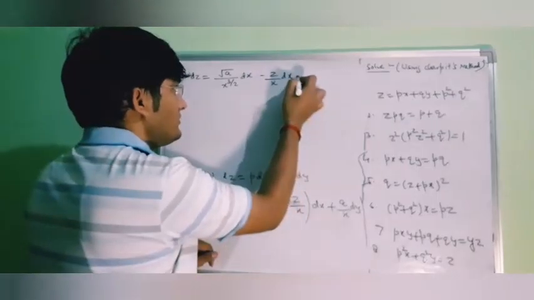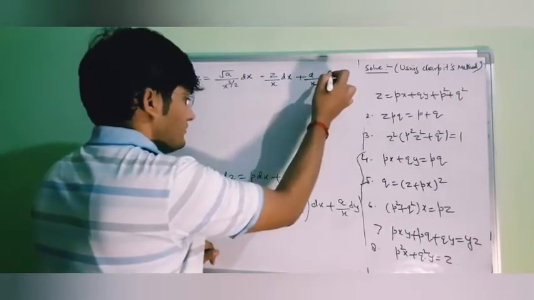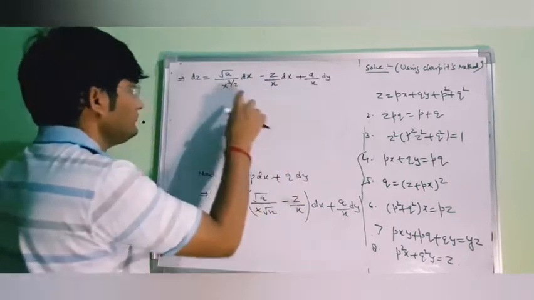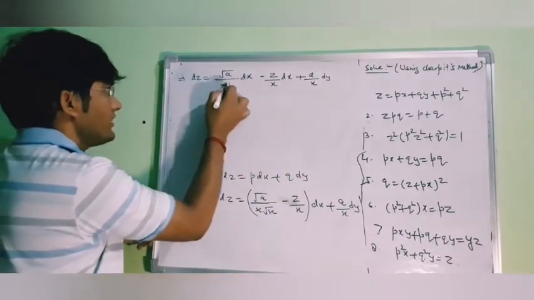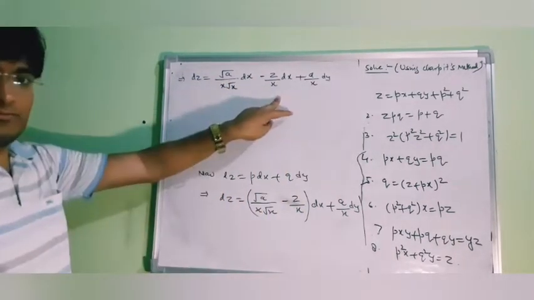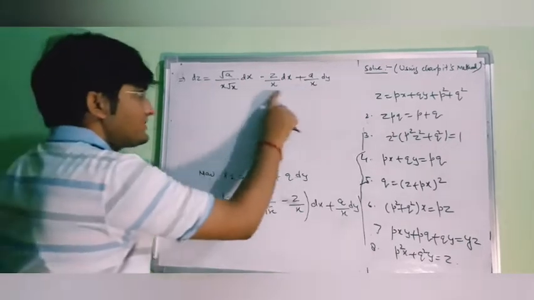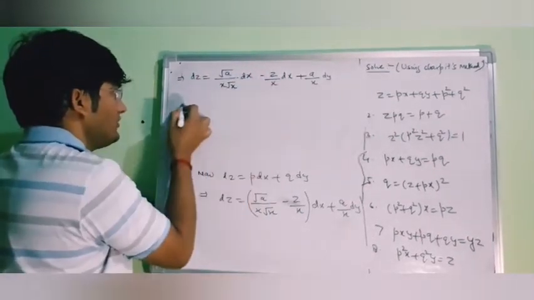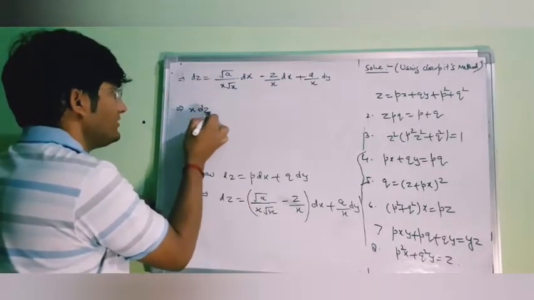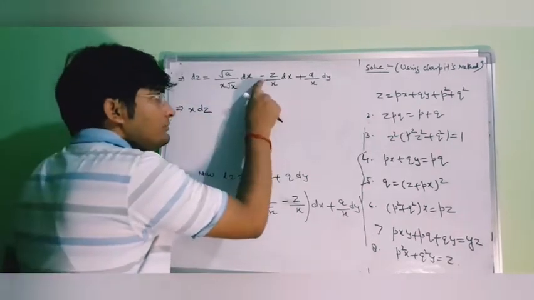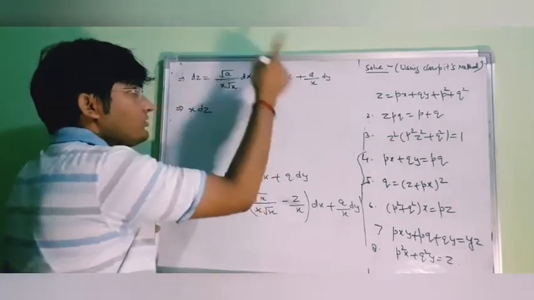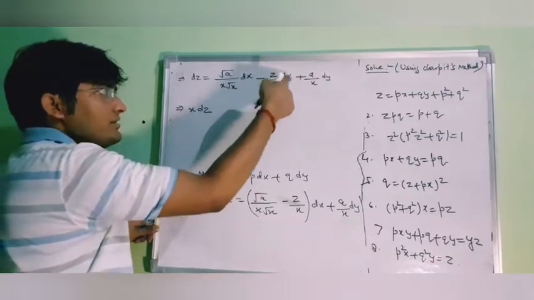Then the last term is a upon x dy, or write it as x root x. Now take the LCM. Now take this x common. If you take this x common, then on the left hand side we will have x dz, and take this minus z dx on the left hand side.